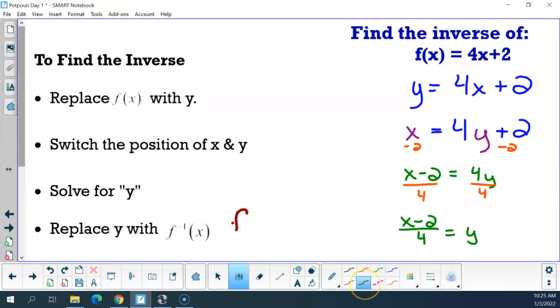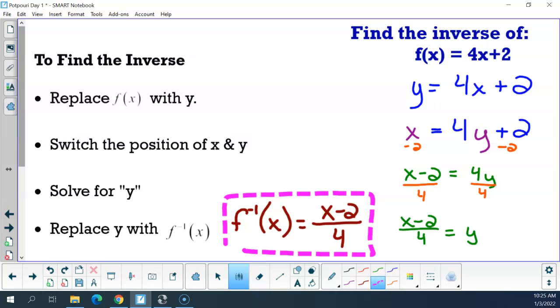So we would write f with a negative 1 exponent of x equals x minus 2 all divided by 4. Okay? Questions on that? That is the entire process of finding an inverse.